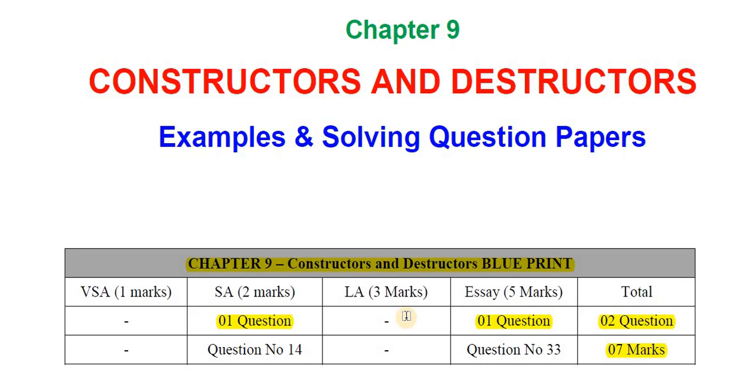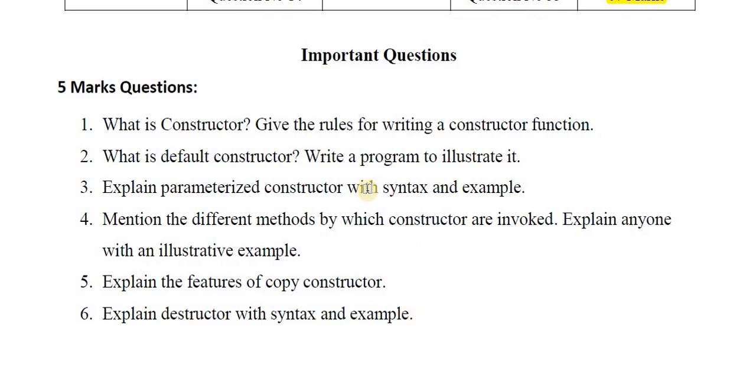Okay, now let us see some important questions from this chapter. What is constructor? Give the rules for writing constructor function. We will see the answer in the question papers. Then what is default constructor? Write a program for it.